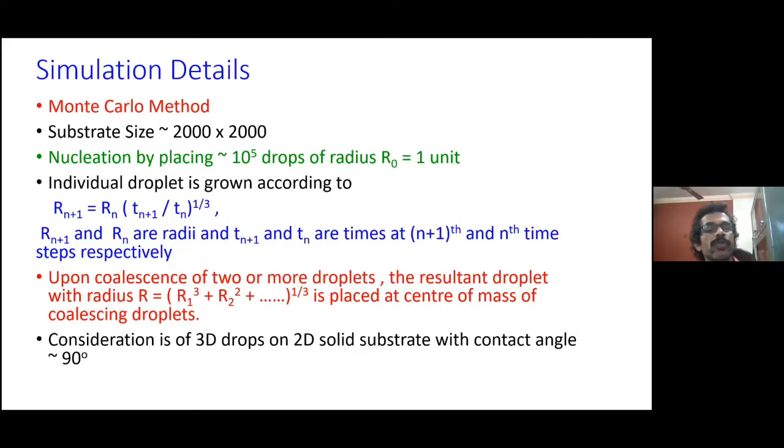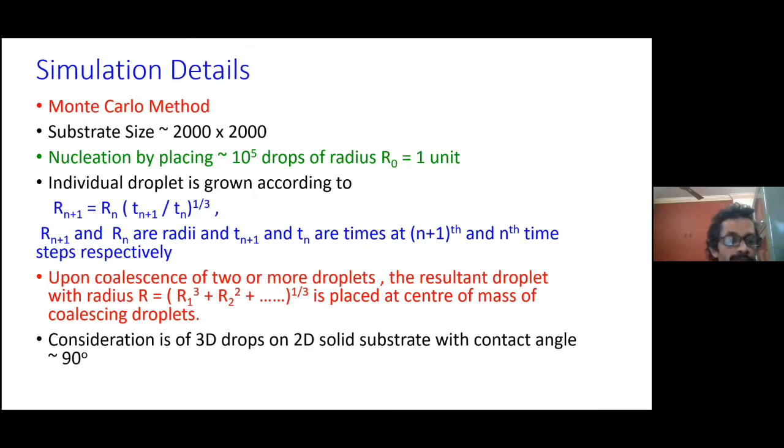So we try to come up with a simulation of this. We have a substrate of the size mentioned here. A large number of droplets, 10⁵, are placed on it, and each individual droplet is grown according to r n plus 1 or in tn plus 1 10⁻⁴.